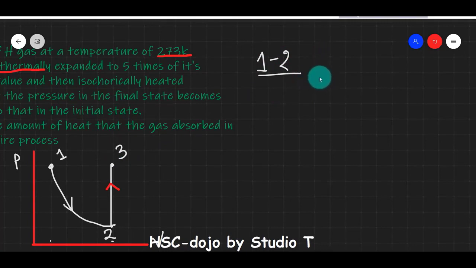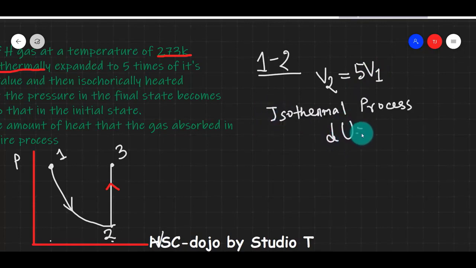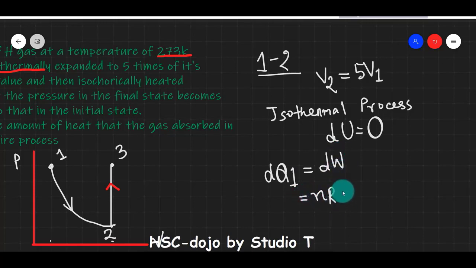According to the question, as it is expanded 5 times the initial value, V2 is 5 into V1, and we all know in an isothermal process change in internal energy is 0. That means in an isothermal process the total heat change is only used up in doing external work. So it will be dW here, and by formula we all know nRT ln V2 by V1.